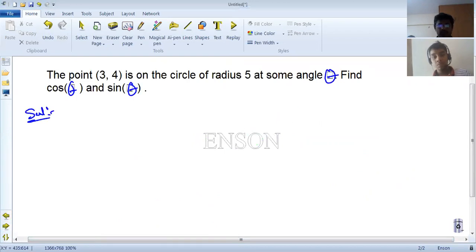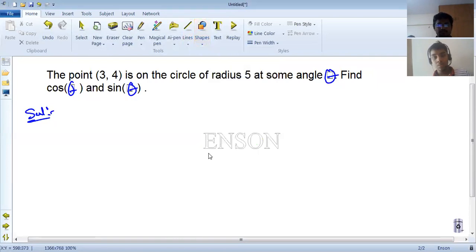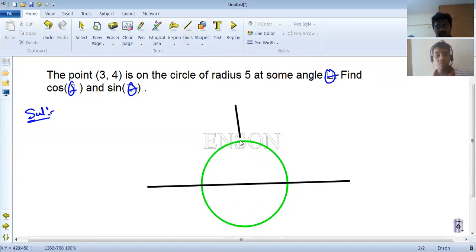First I have to write a circle, because we are solving a problem that depends upon the unit circle. So first we need to consider a circle and two axes. Radius is 5, so the x point is 5, 0.